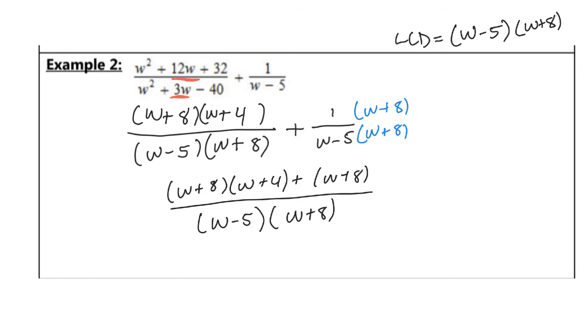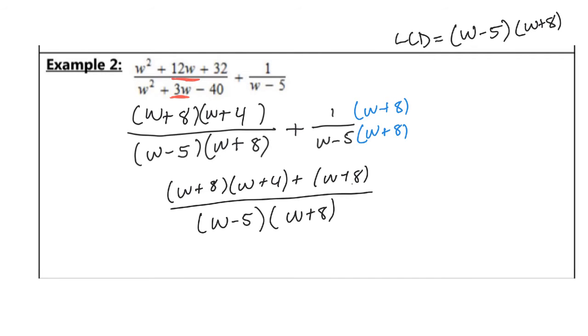All right. Now, what we need to do is clean up the numerator. We can see that something should cancel out. But we can't cancel it out right away.